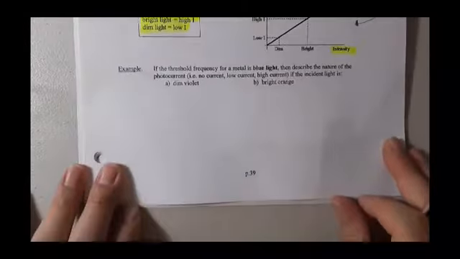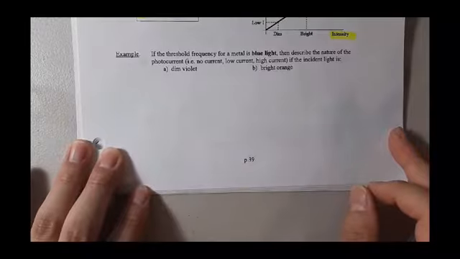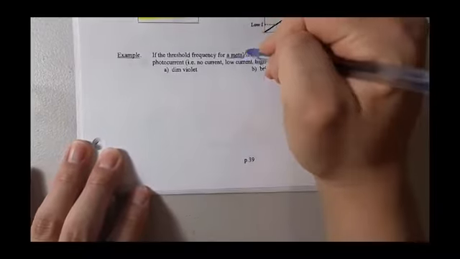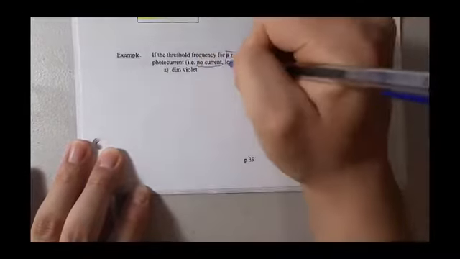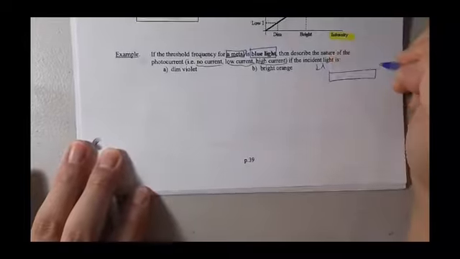So let's do a theory question over here. If the threshold frequency for a certain metal is blue light, then describe the nature of the photocurrent, answering no current, low current, or high current, if the incident light is number 1, dim violet, number 2, bright orange. So let's think about our visible spectrum. We have low wavelength, high wavelength.